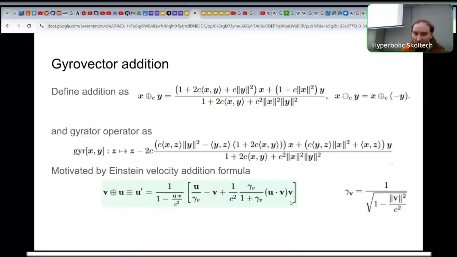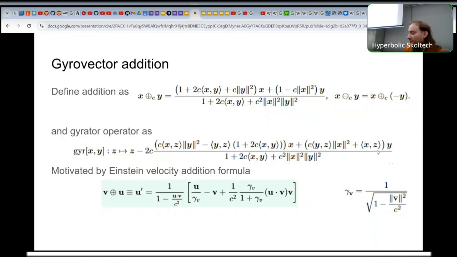So this is the definition of addition of gyrovectors. Remember, this is a point inside the ball of radius c. In Einstein's relativistic theory, c equals the speed of light. And there is also a gyrator operator defined by this formula.